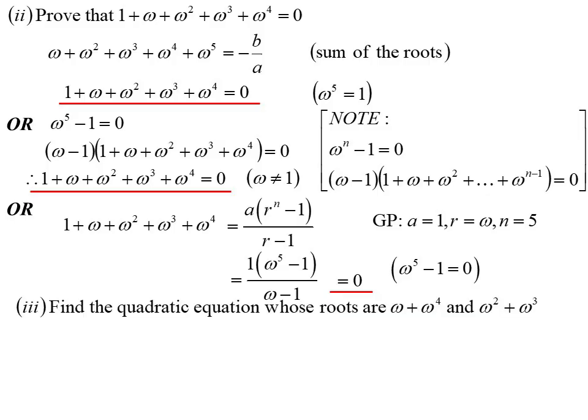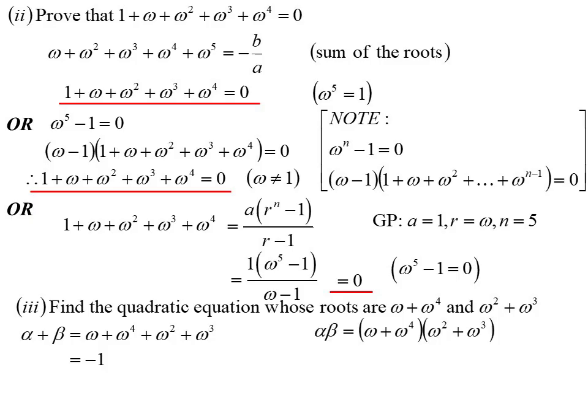Alright, we're now going to create a quadratic equation whose roots are omega plus omega to the power of 4 and omega squared plus omega cubed. Sum of the roots would be this, but hang on, we just said 1 plus omega plus omega squared plus omega cubed plus omega to the power of 4 is equal to 0, therefore this must equal -1. Product of the roots.